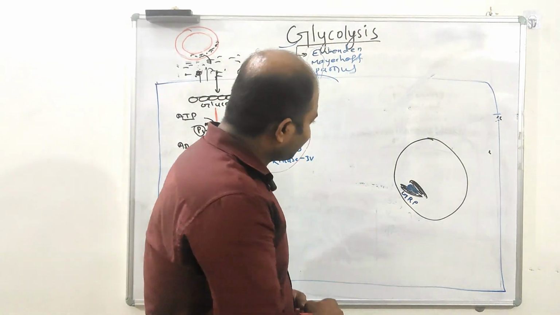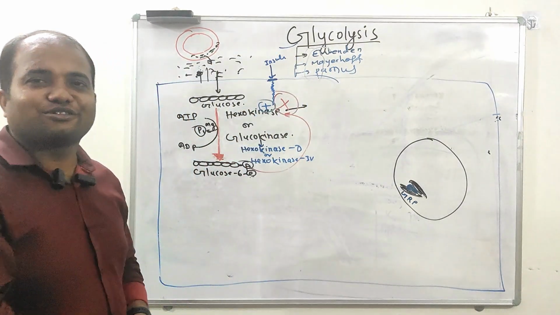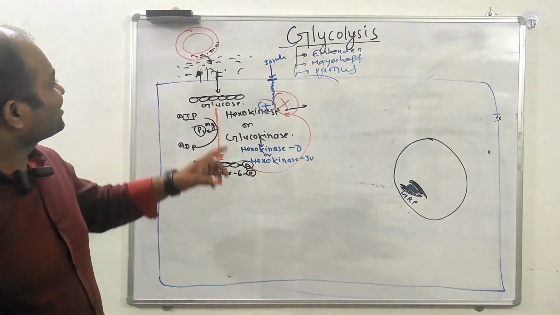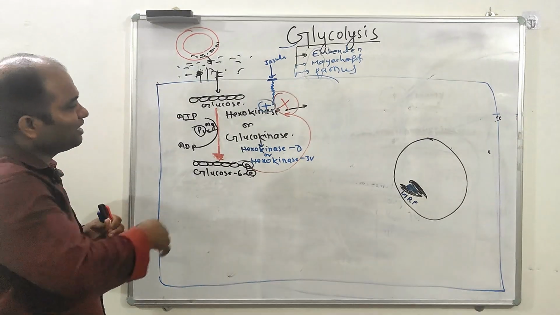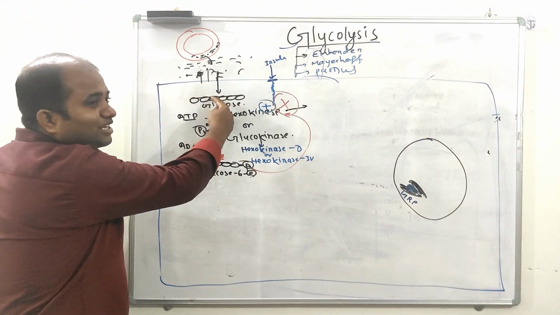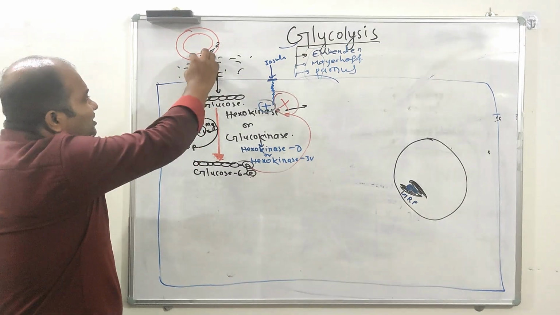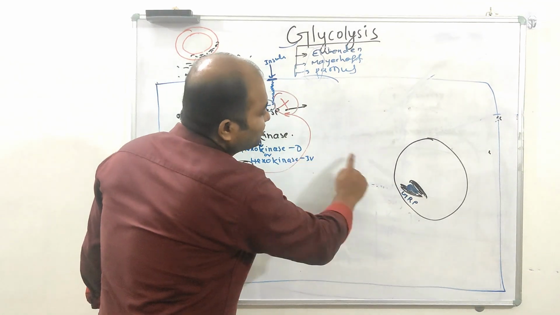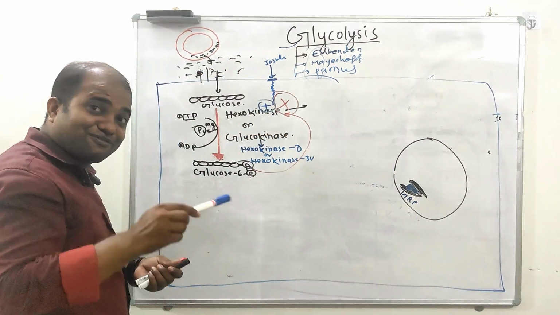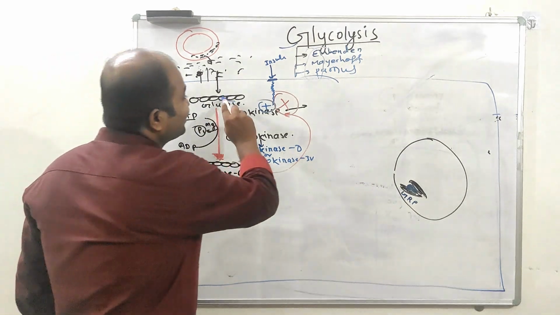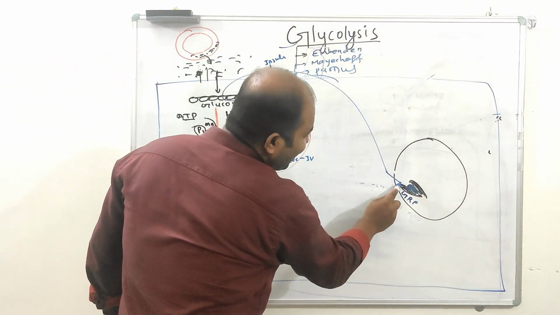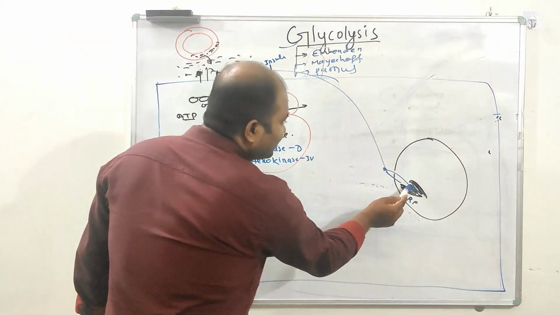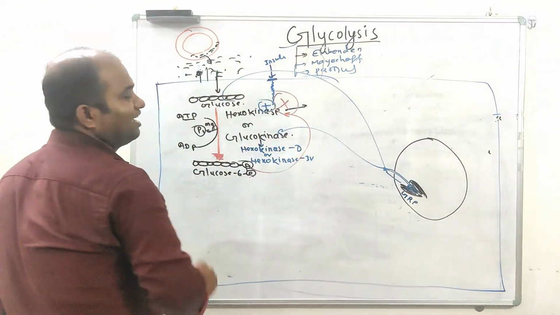But how is it activated, and how will it come into the reactions? What do you think? See, once the glucose comes, when the concentration of glucose increases, see the magic: the flow of glucose will go here, and it will pull it back, and it is activated and comes into action, right?